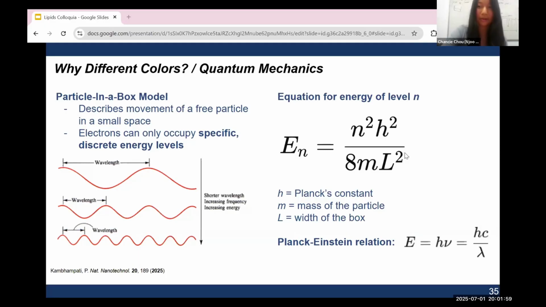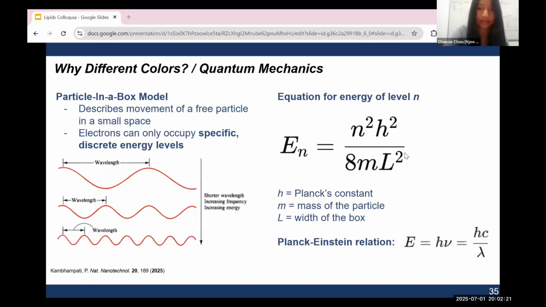Our variable L represents the width of the box, which in our specific case represents the size of our quantum dot. And as you can see, smaller quantum dots, with a smaller L value, create larger energy spacing, while larger quantum dots have closer energy spacing with a smaller energy value.